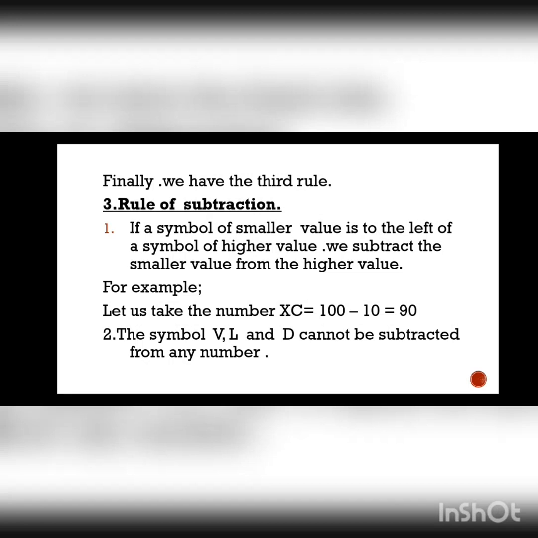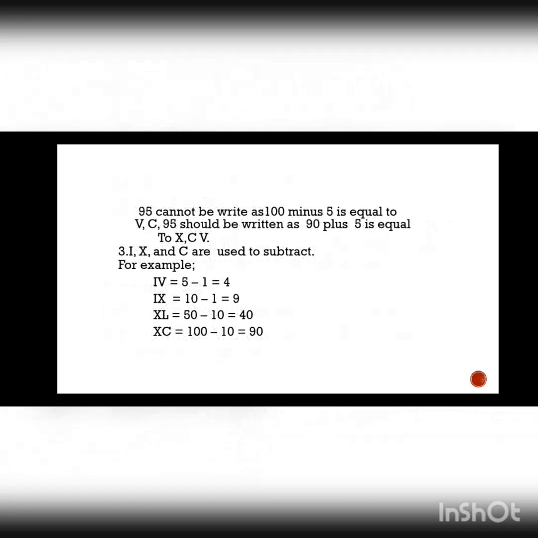The symbols V, L and D cannot be subtracted from any number. Students, you can see here 95 cannot be written as 100 minus 5 is equal to VC. 95 should be written as 90 plus 5 is equal to XCV.